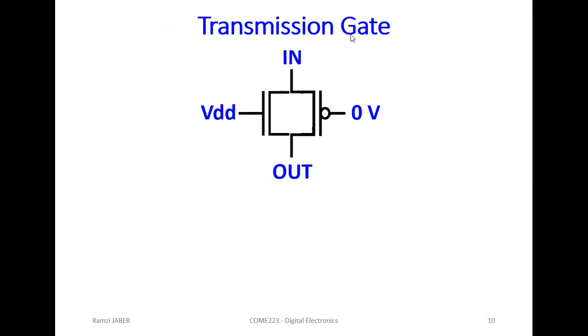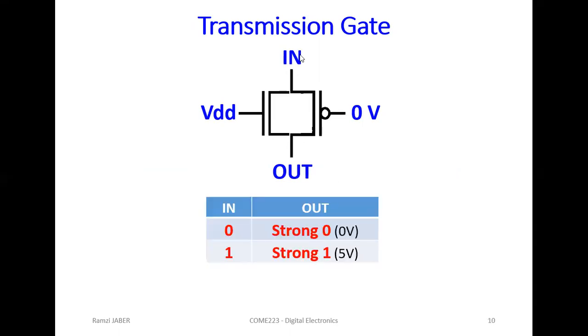But here the transmission gate must be always on, to get strong 0 and strong 1 depending on the input. Input 0, output will be strong 0. Input equal to 1, output equals strong 1.